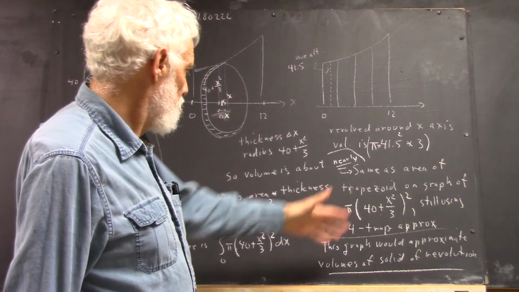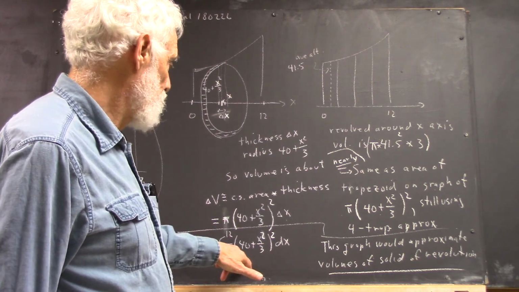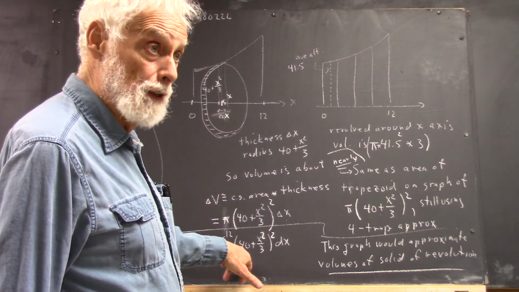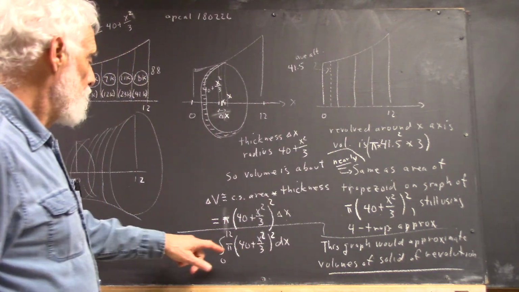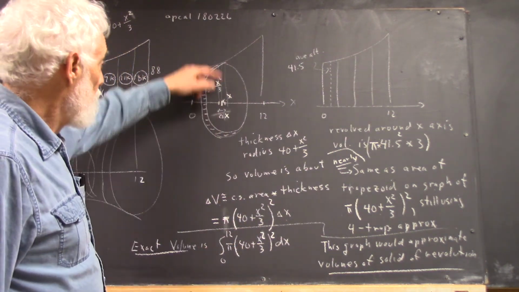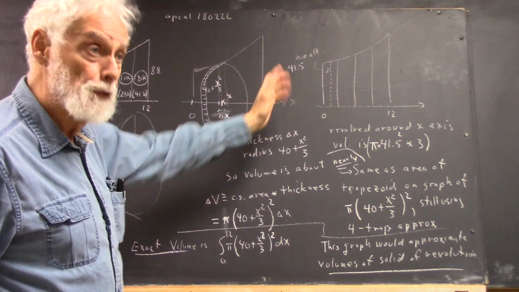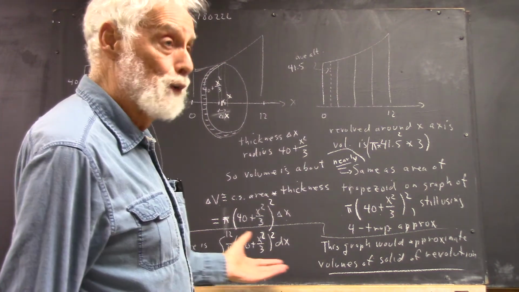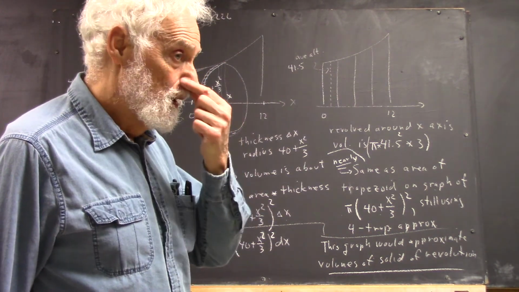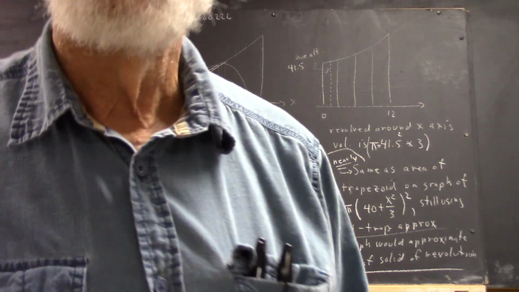Now there are a lot of connections in here, but if you understand that, you understand a lot about solids of revolution. Ultimately, you're just doing pi times the radius that you get from this squared and integrating that with respect to x. Now, if that's all you understand, and if you can do that, that's great. But then there's the question of what happens if you revolve around the y-axis.